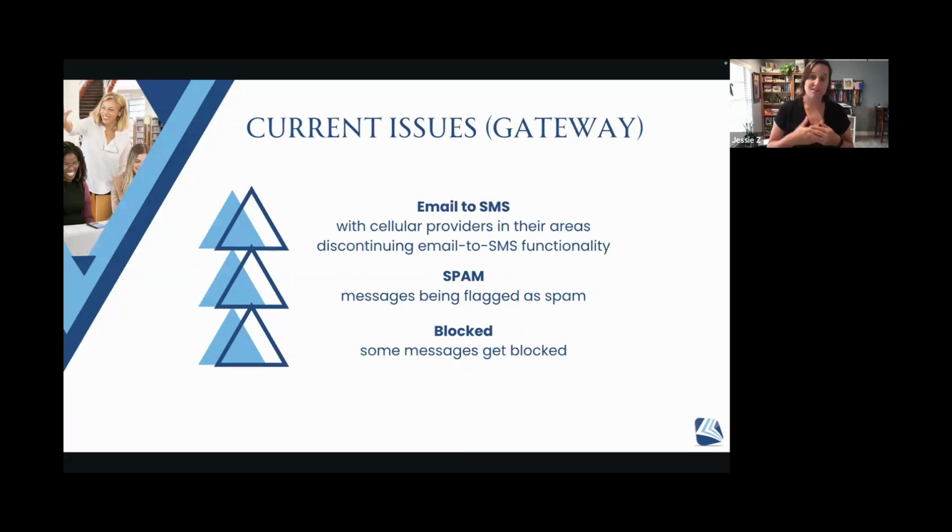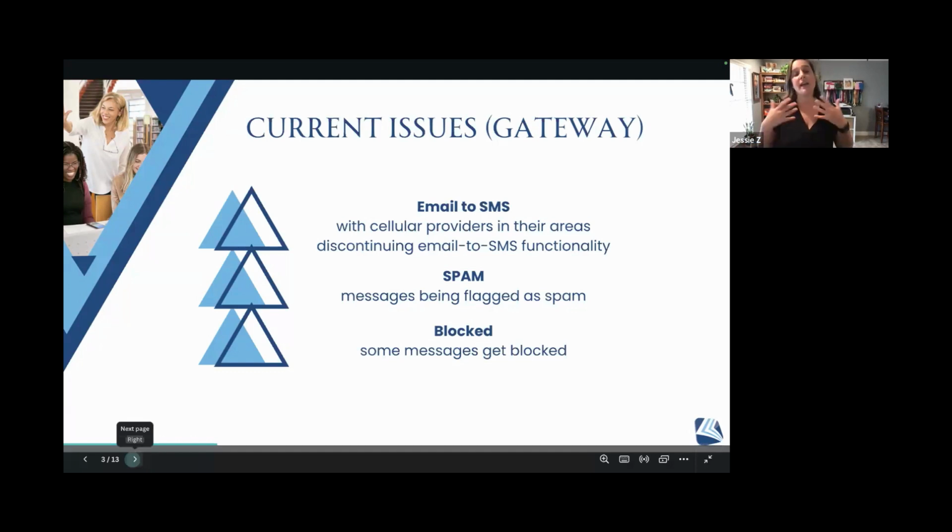We have noticed that certain cellular providers in different areas throughout the country are discontinuing email to SMS functionality. Some are being flagged as spam, and some are just getting blocked. So the point of today's webinar is to identify some of the vendors that work well with this service in Koha, so we can talk about ways that you can effectively send out messages to your patrons.